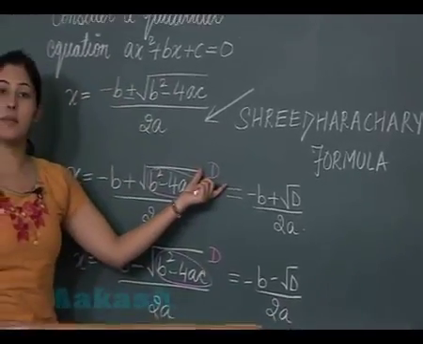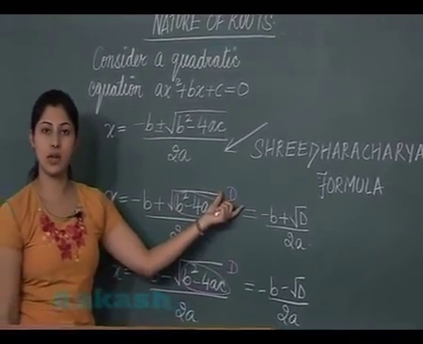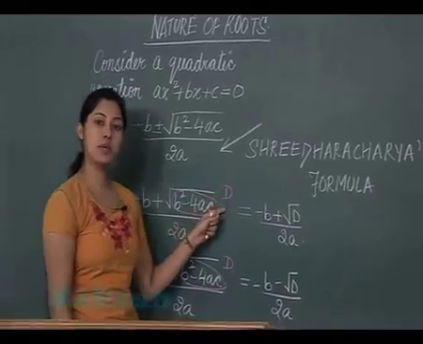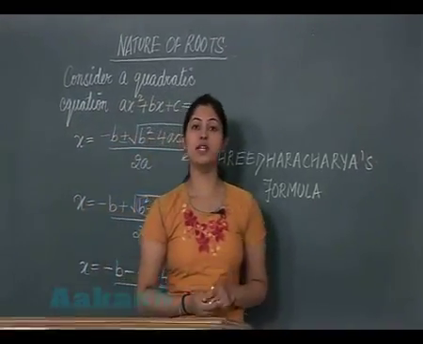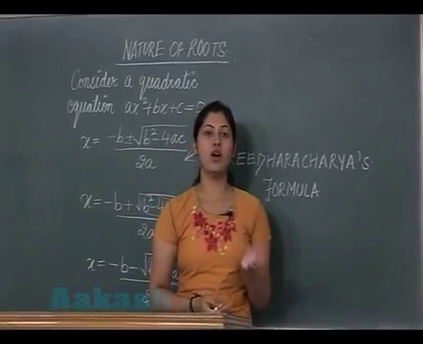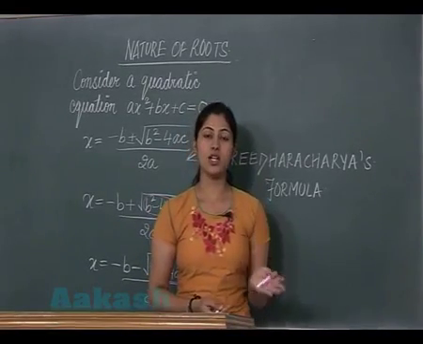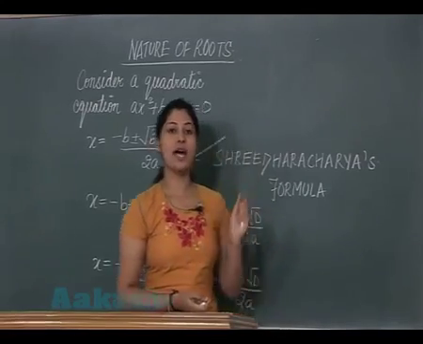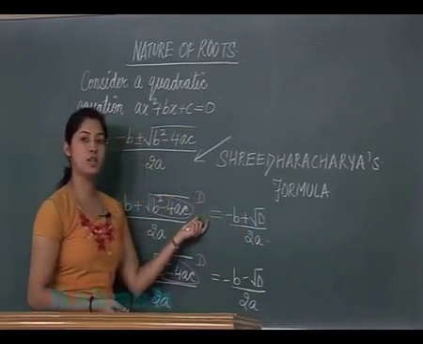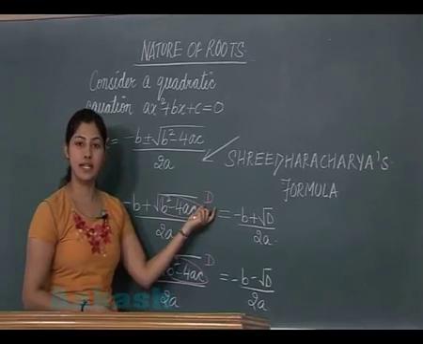Now this capital D is known as the discriminant. This discriminant tells us about the nature of roots, whether the roots will be real or non-real, rational or irrational, equal or unequal. That is totally dependent on the value of D.